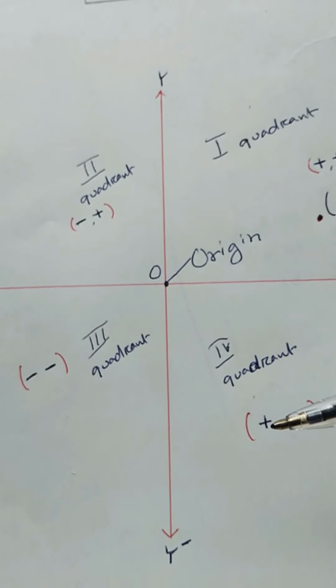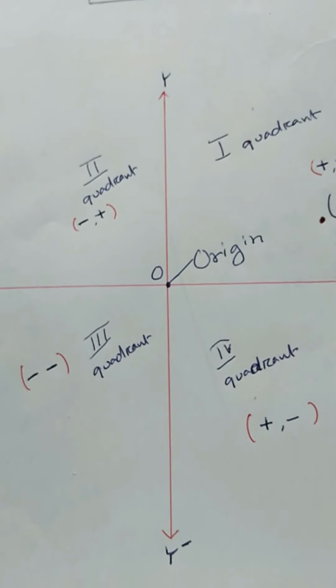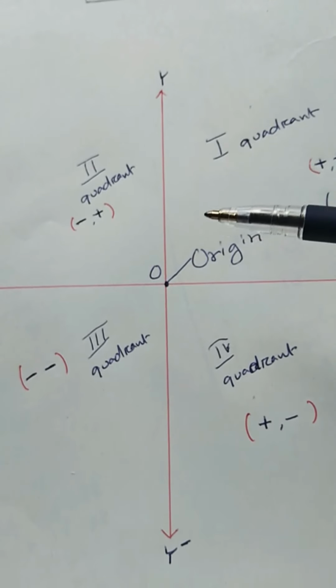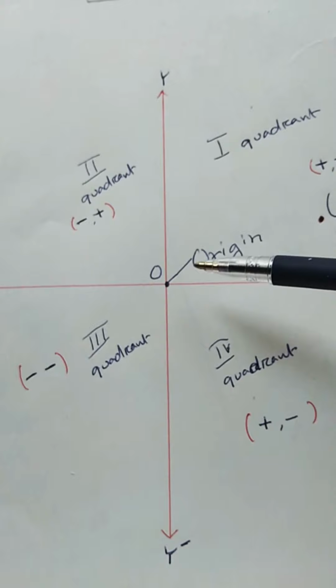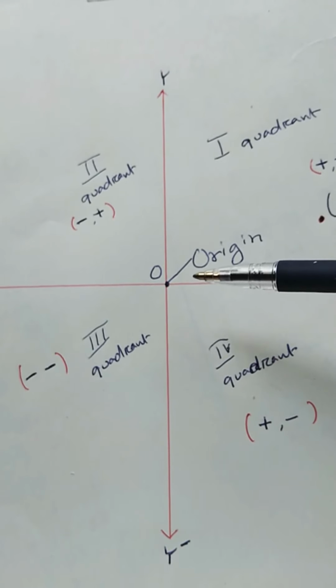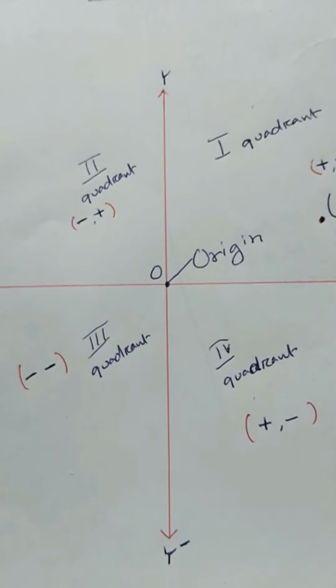The first is the sign of the abscissa and the second is the sign of the ordinate. Now the coordinate of the origin is 0, 0. Here the abscissa is also 0 and the ordinate is also 0.